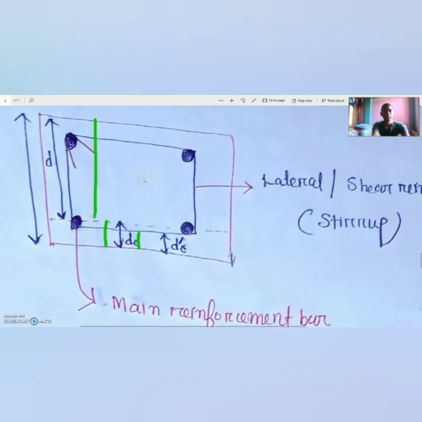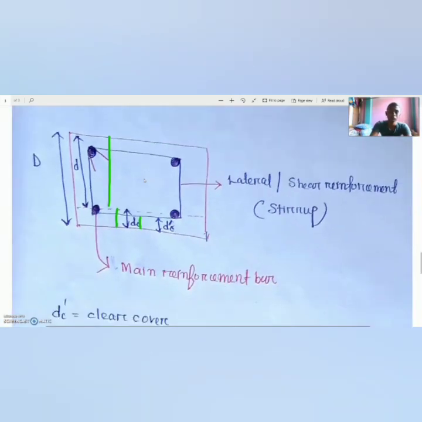Here I have shown a picture of the main reinforcement and how we can place it. It is very important for you to know. Suppose in a beam or column, we place the reinforcement bars in such a manner that you can see the circles. I have given 4 circles here. These are not actually circles; these are the main reinforcement bars made of steel.